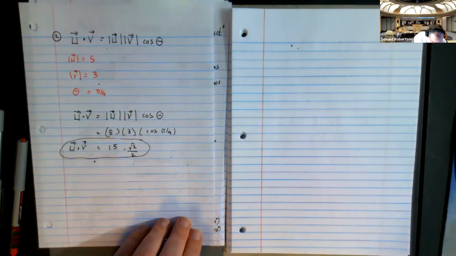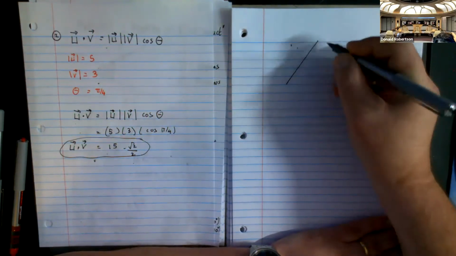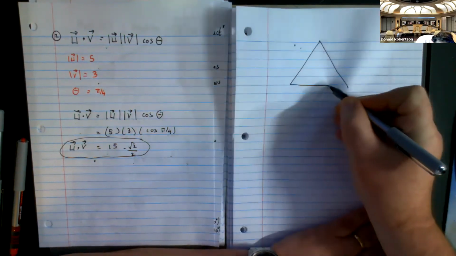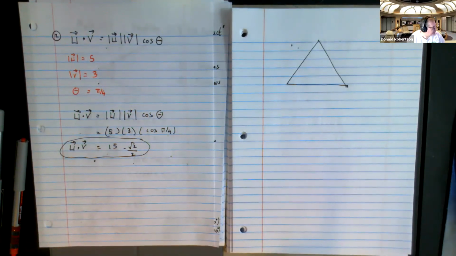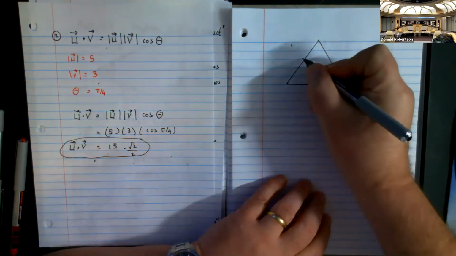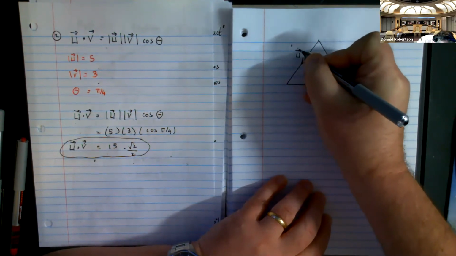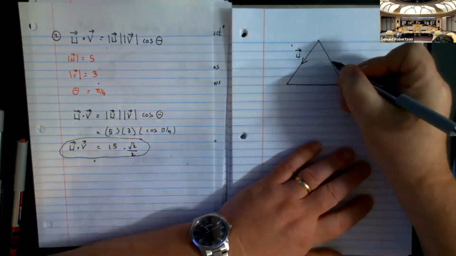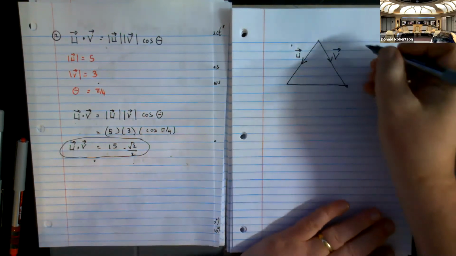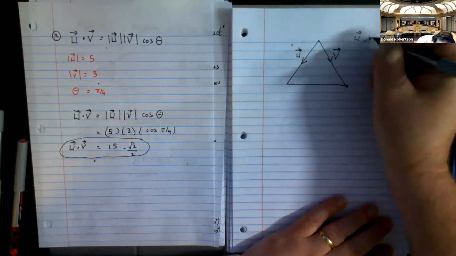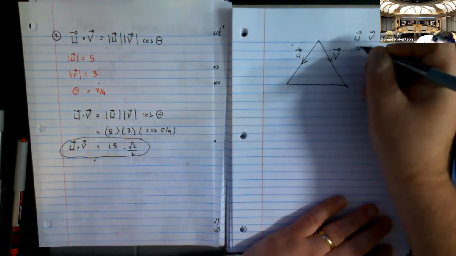So let's give you a puzzle. Try to find this guy out because it is a copy of a question. Here we go. Here's U going this way. Here's V going this way. We are told that U and V are unit vectors.